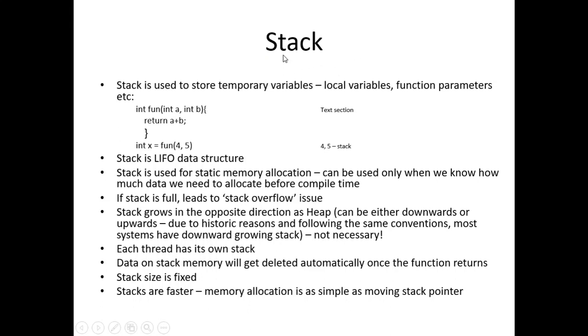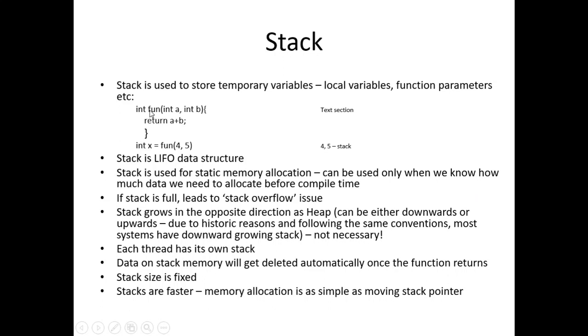The stack is a memory region which is used for storing temporary variables. For example, it could be local variables or function parameters. If we consider this code here, the code is just text, so it would be stored in the text section of the process.